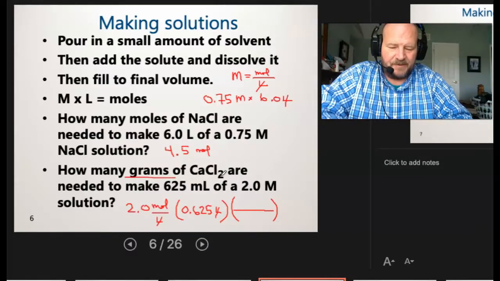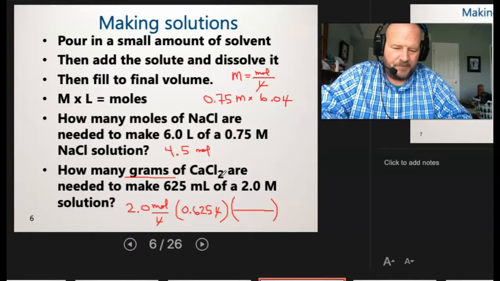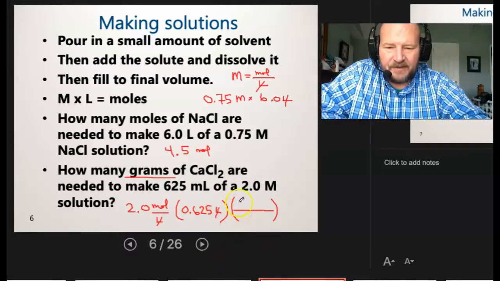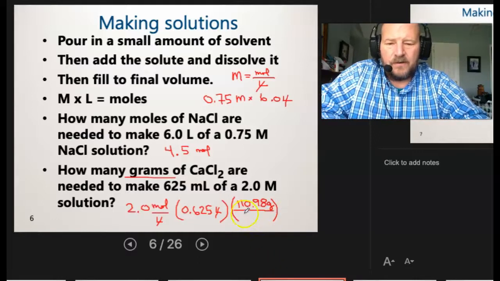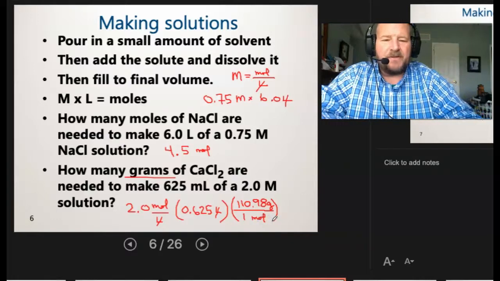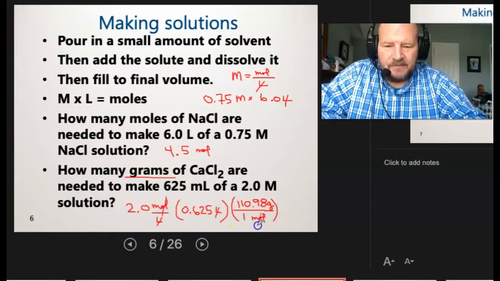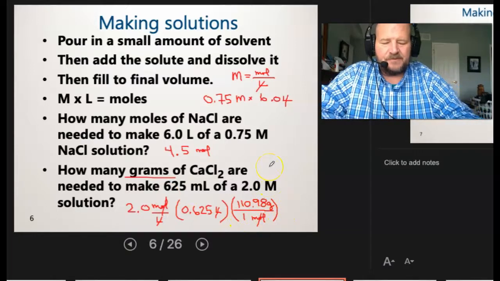We have two of them plus the 40.08 gives me 110.98 grams over 1 mole. Remember, that came from the periodic table. Okay. Now my moles will cancel out, and I'll be left with grams, which is what I'm looking for.